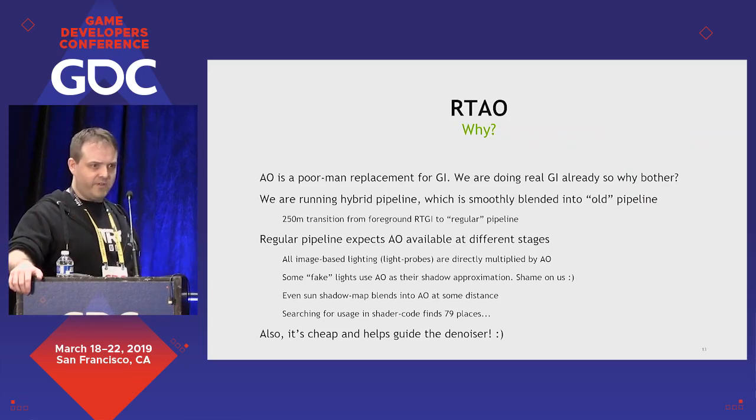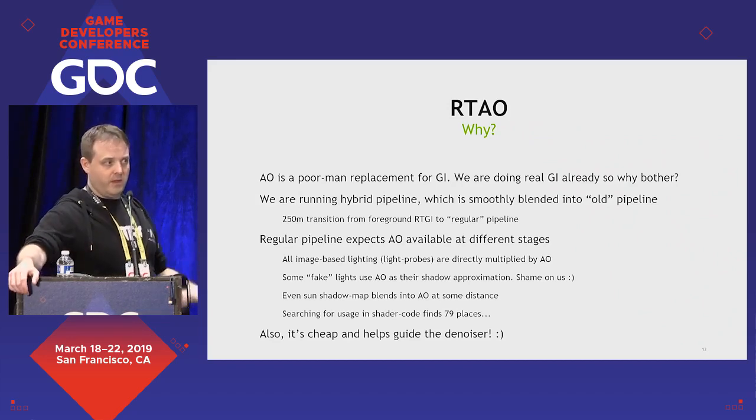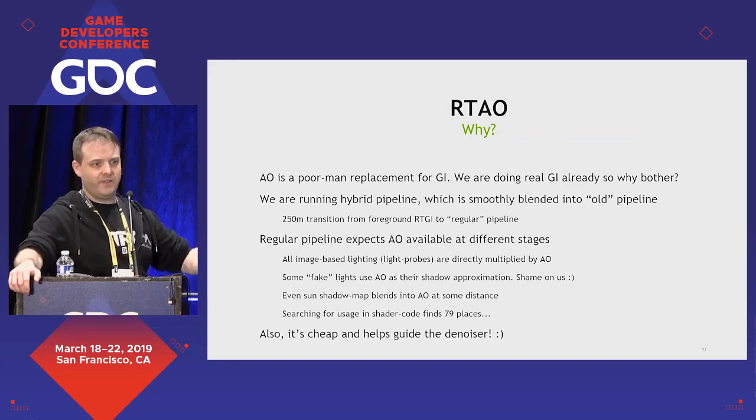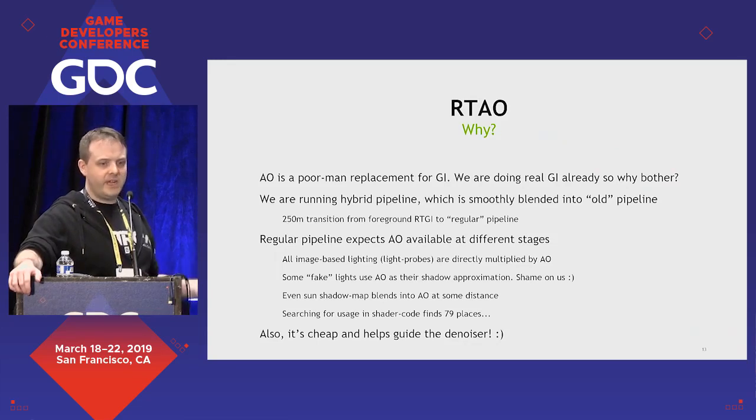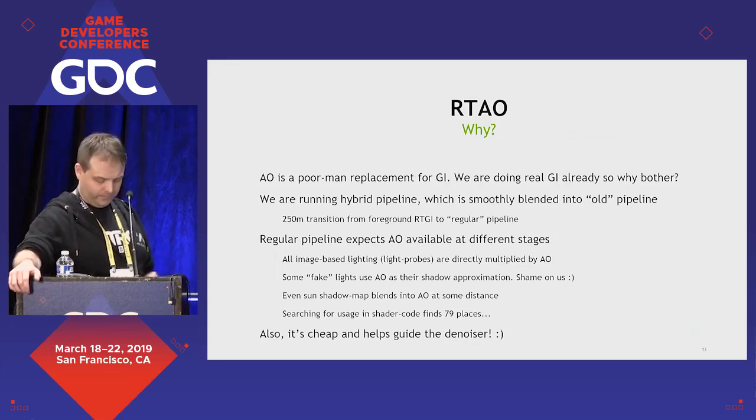Well, first off, we still have native traditional analytical lights in the scene, which use traditional AO. And also, the actual ray tracing that we use is mainly in the foreground. It's the front 250 meters, after which we transition to a traditional pipeline. So we still need the AO around for that.